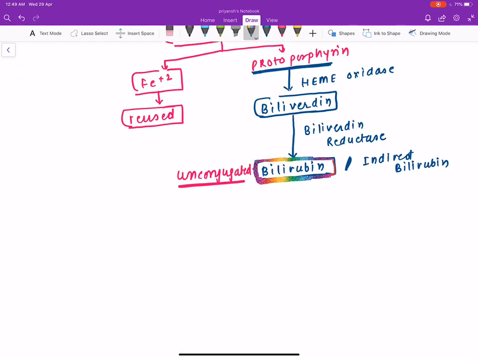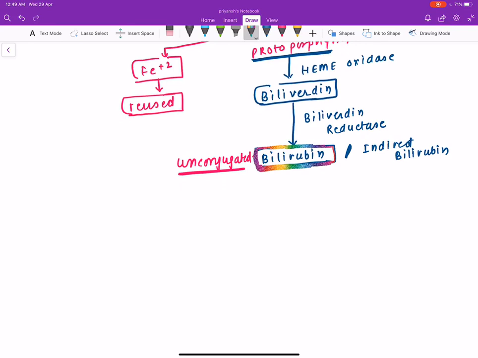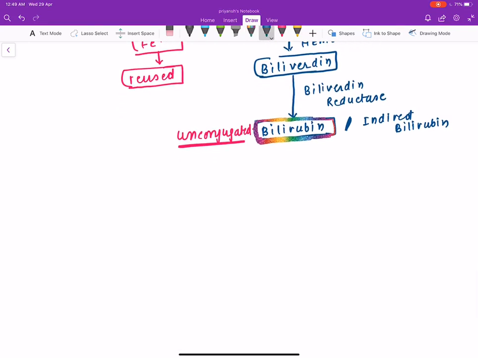Now this bilirubin, which is unconjugated, needs to be transported to the liver to make it conjugated. What we need to do is conjugate it. So this bilirubin will be transported to the liver via blood.